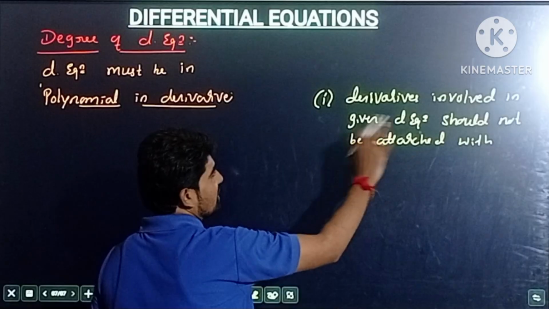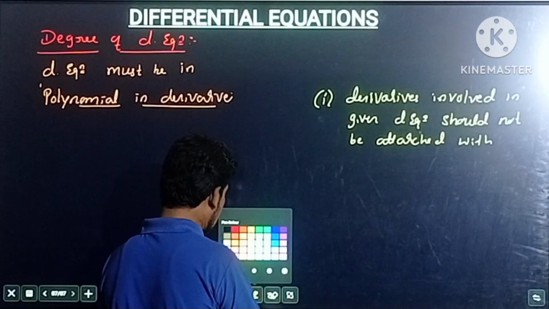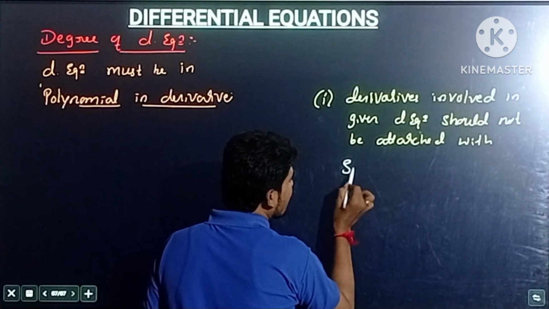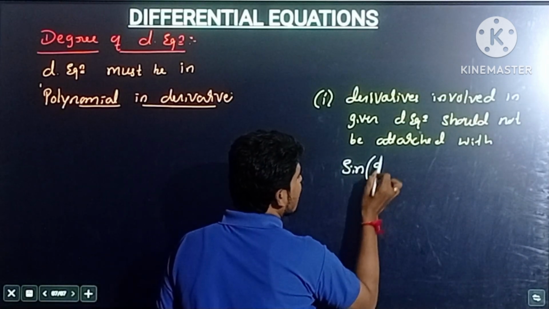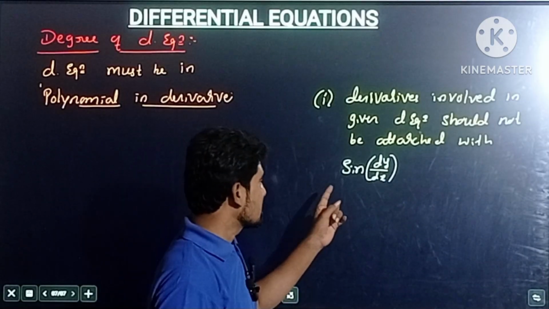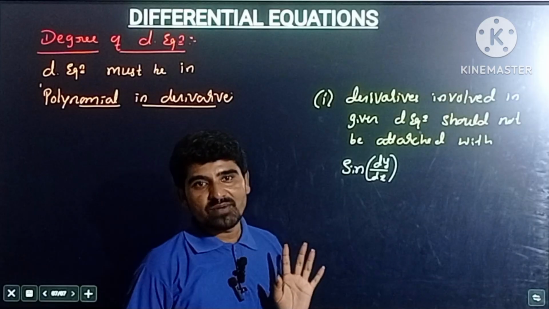See here, the derivatives involved in the given differential equation should not be attached with any of the trigonometric functions. For example, sine of dy by dx. See here, sine of dy by dx is not a product of trigonometric function and derivative.